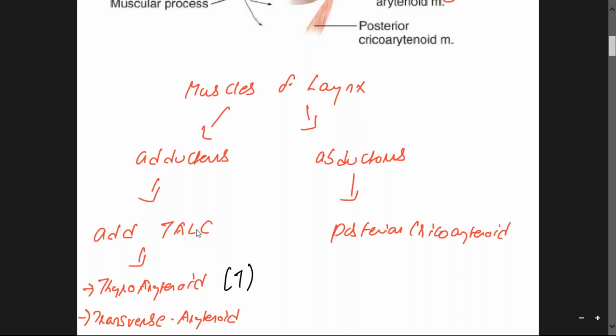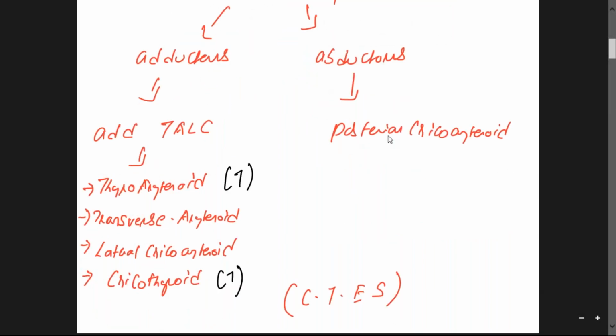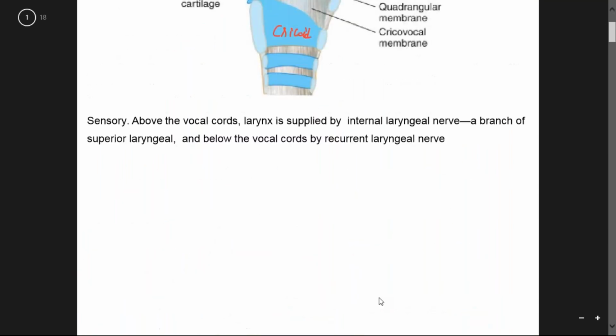One is ADD TAL for all the adductors, and one is posterior cricoarytenoid, which is an abductor. And CTES: cricothyroid is supplied by the external branch of superior laryngeal nerve. These questions have been repeated many times. Which nerve supplies the cricothyroid? The external branch of superior laryngeal nerve, as I showed you in the diagram.